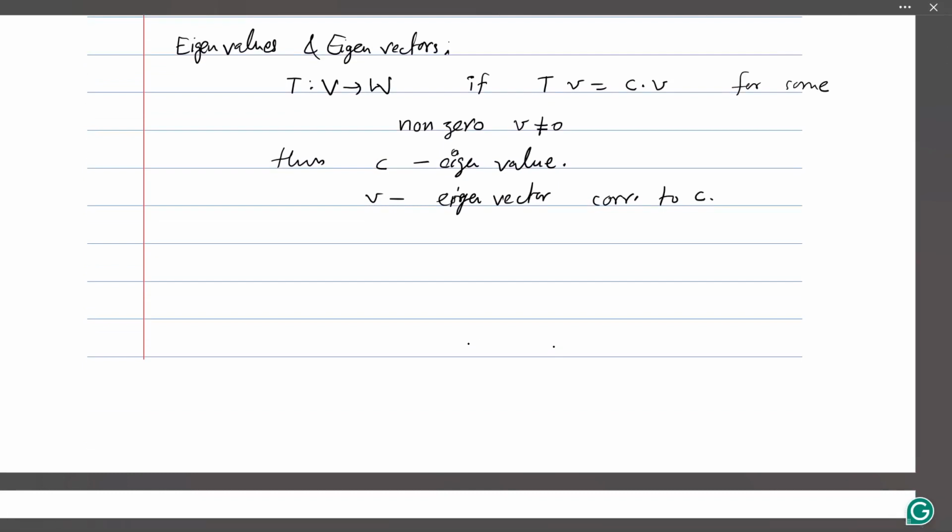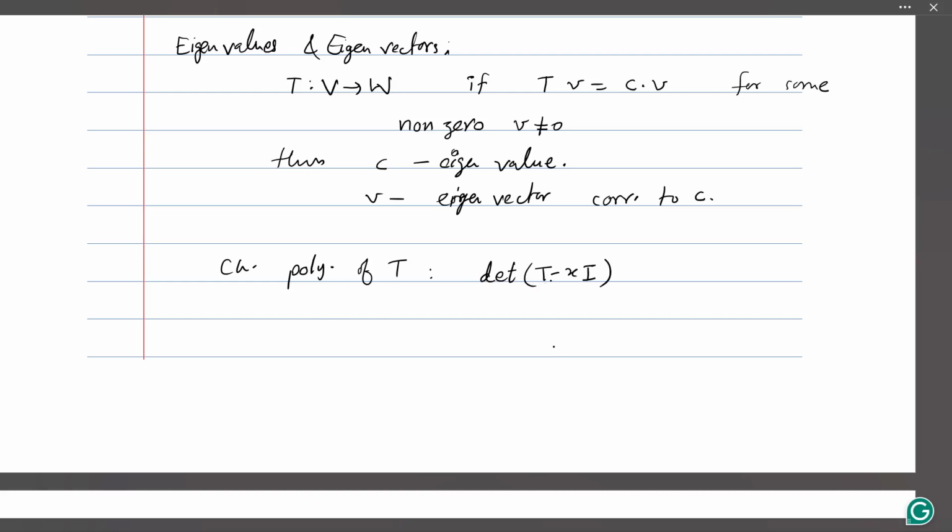And then what is the characteristic polynomial of T and some result about that. The characteristic polynomial of T was defined like this, as the determinant of T minus xI.